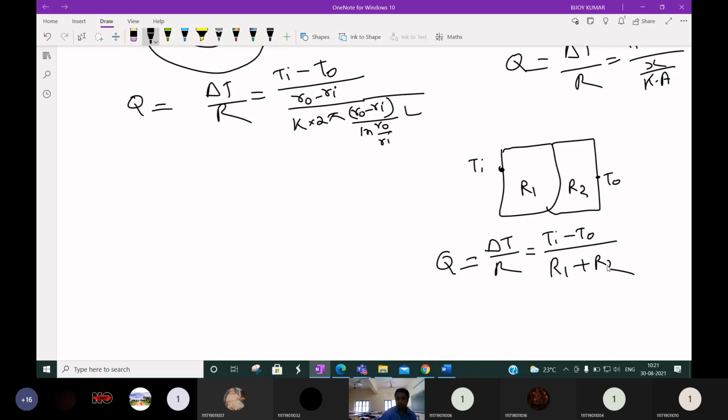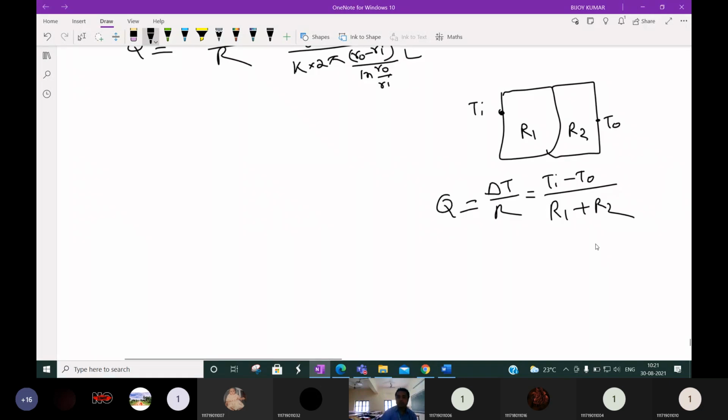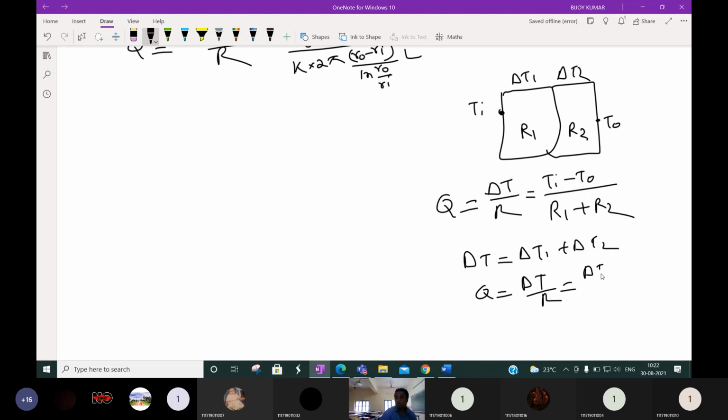R1 plus R2. Then this delta T, we know that delta T is nothing but delta T1 plus delta T2. At steady state, this Q is equal to delta T by R, which is nothing but delta T1 by R1 equal to delta T2 by R2.